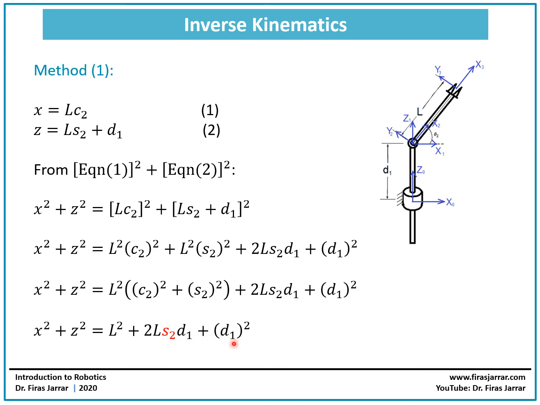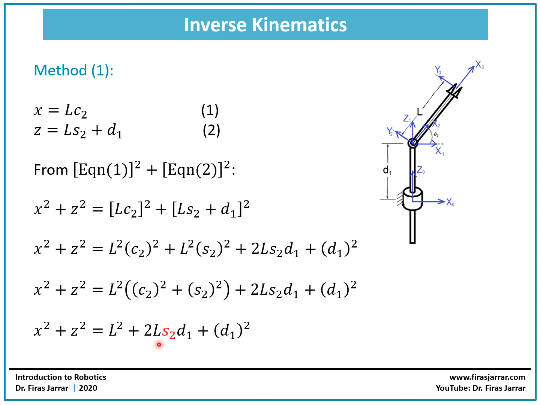However, we didn't reach our goal. You can see that we still have both D1 and sine theta 2. So we have the two joint variables, theta 2 and D1, in the same equation. And the idea is to try to have only one joint variable first. Our goal was to have only D1 in this equation.